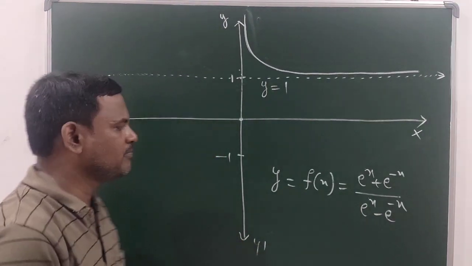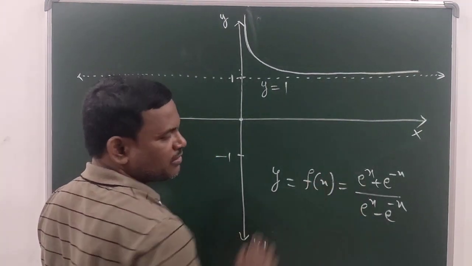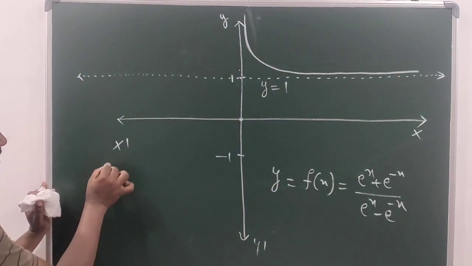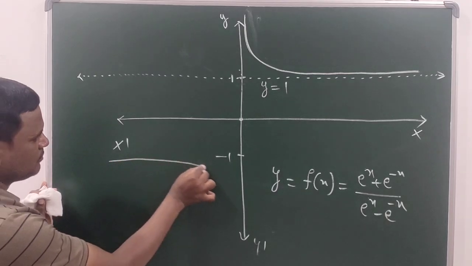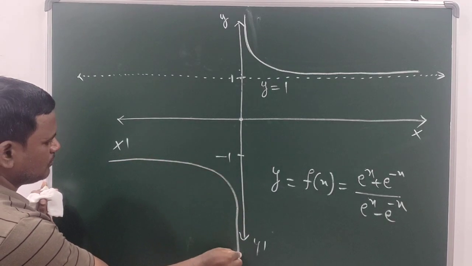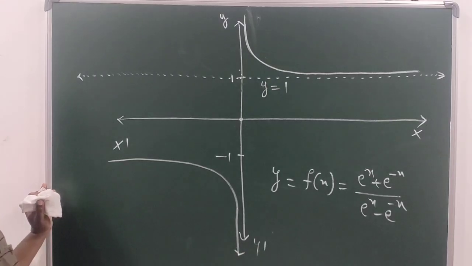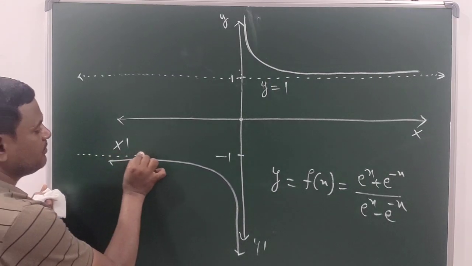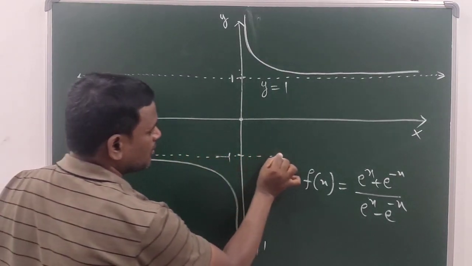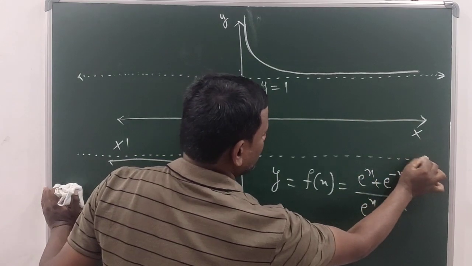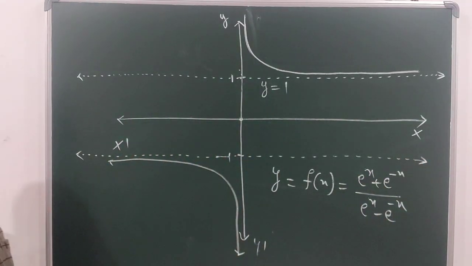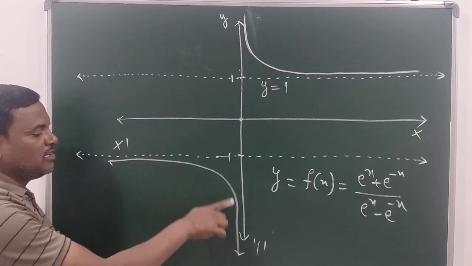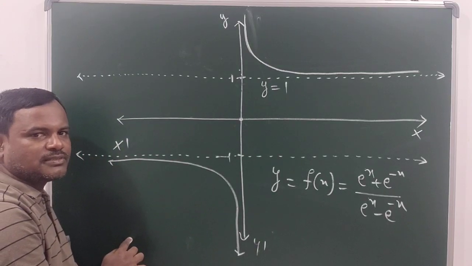How do you get it, tell me? Negative real values. If you keep on substituting negative real values for x, you get the graph like this. Okay, so here also, through minus 1, if you draw a horizontal line, that horizontal line never touches or intersects this graph of cot hx.